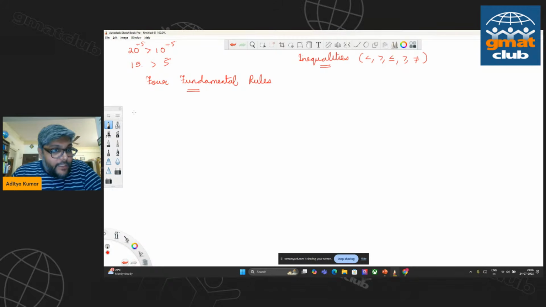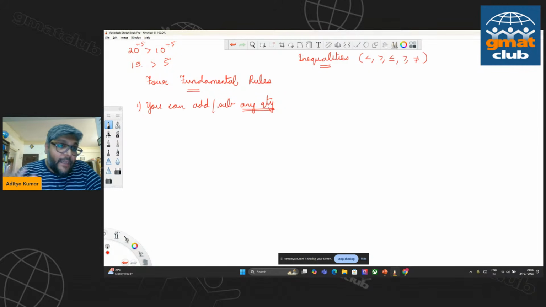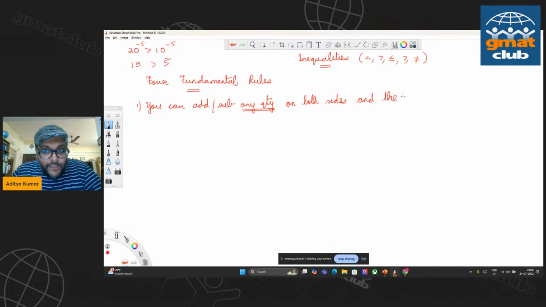So I don't need to worry about the inequality sign. So the first of the four fundamental rules states that you can add or subtract any quantity. And when I write any quantity, I mean any quantity. It can be a number, it can also be a variable. You can add or subtract any quantity on both sides of the inequality, and the inequality sign remains unchanged.